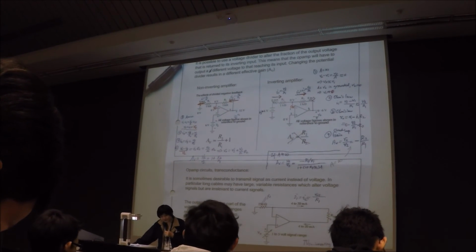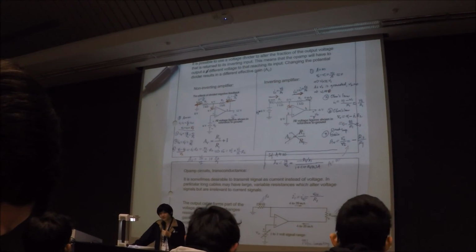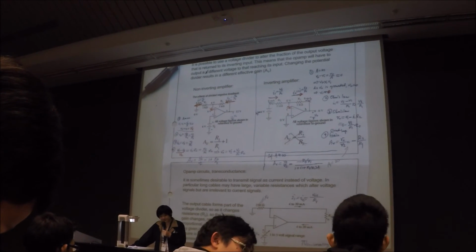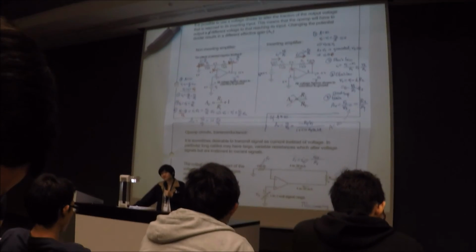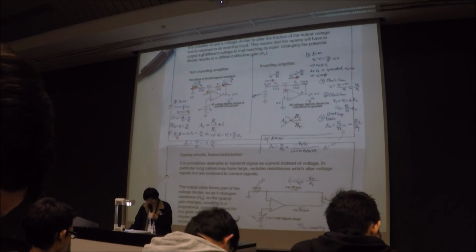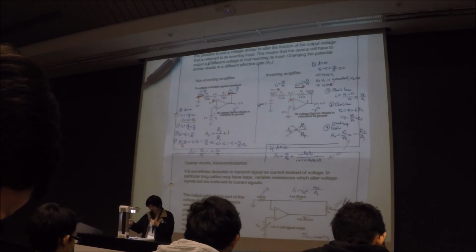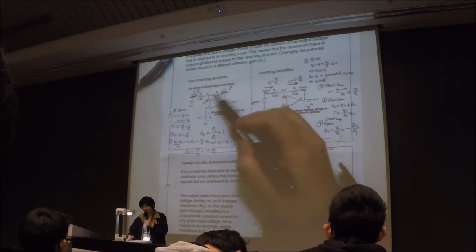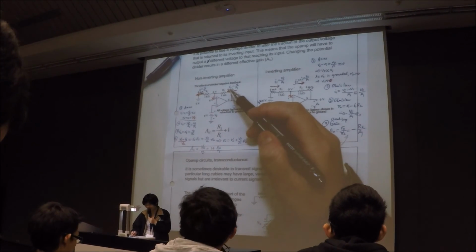Because of the infinite impedance at the input of the op amp, the current will flow through R2 in this way as well.